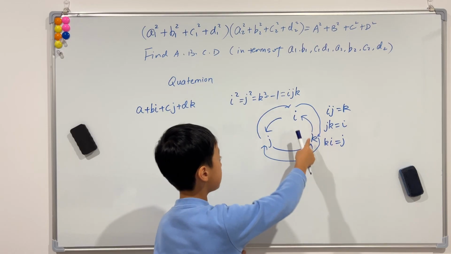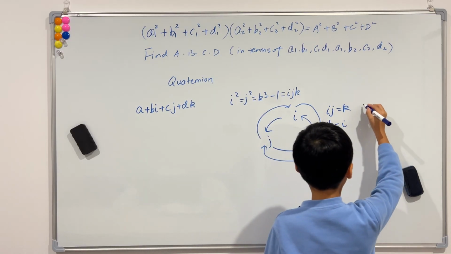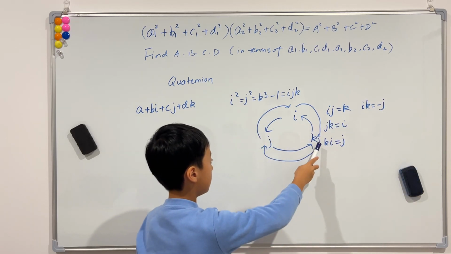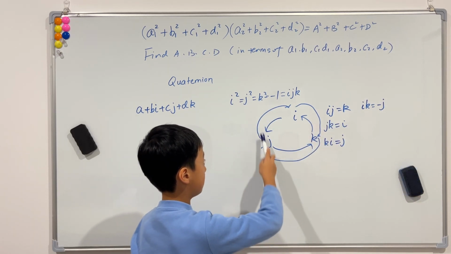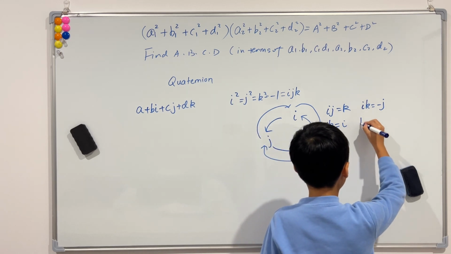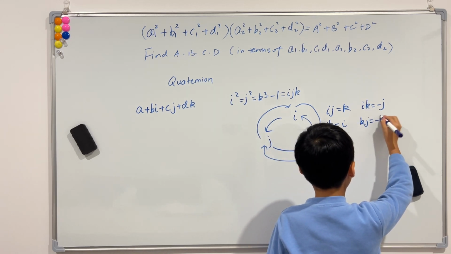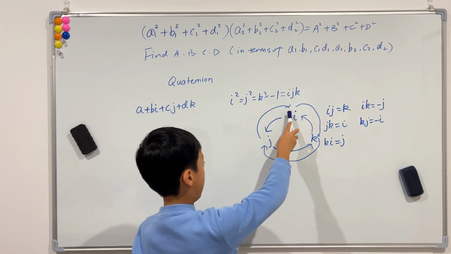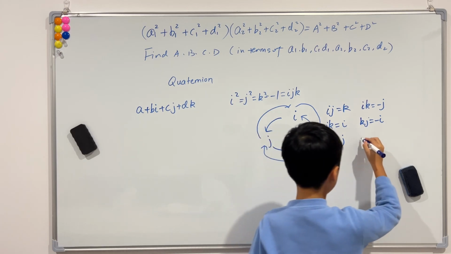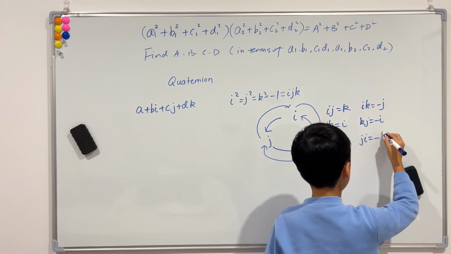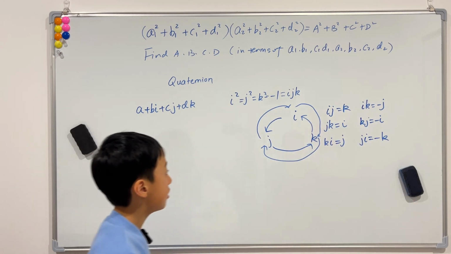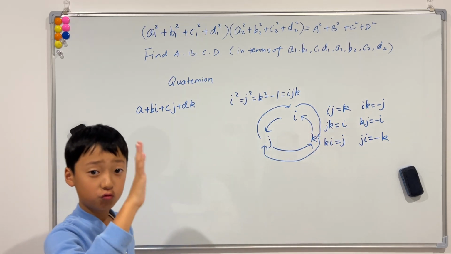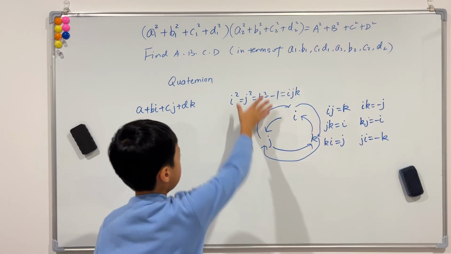So I times K is equal to negative J. Then K times J is equal to negative I. Then J times I is equal to negative K. Okay, so I'll actually just keep these identities on the board, but I'll rub out this and this.